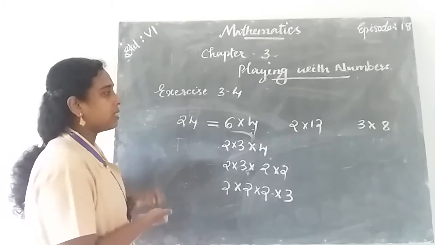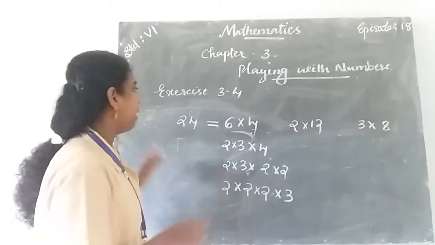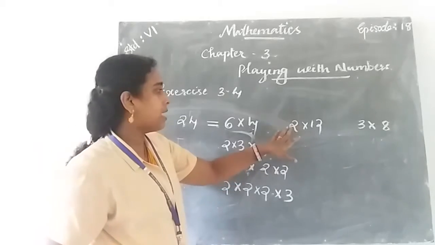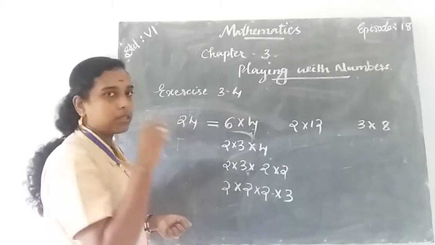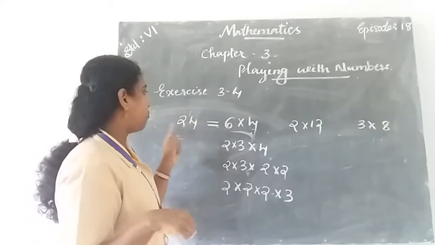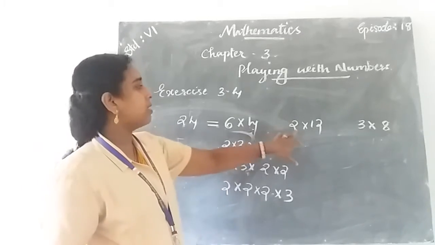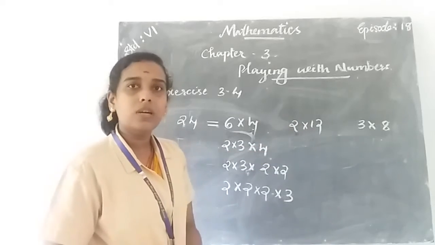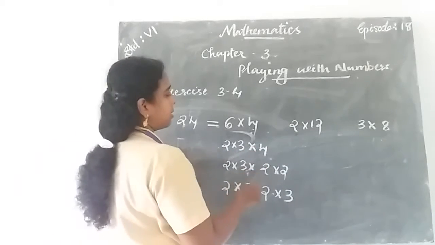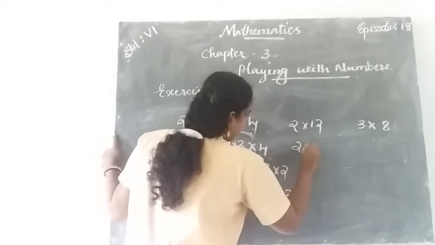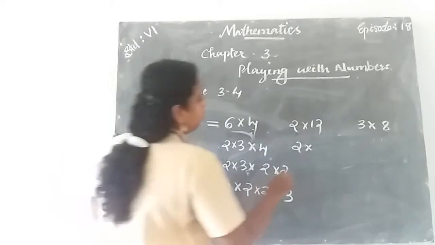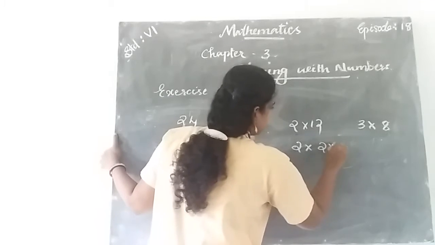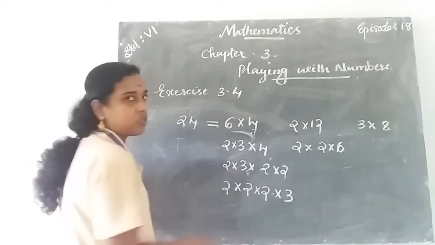Then the next thing is 2 into 12. 24 is also written in the form of 2 into 12. We take the product of 12 into 2, we get 24. So 24 can be factorized as the product of 2 into 12. And also 12 can be factorized in the form of 6 into 2, or 2 into 6. 2 into 6 we get 12.